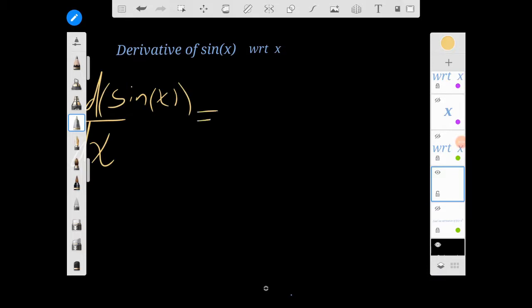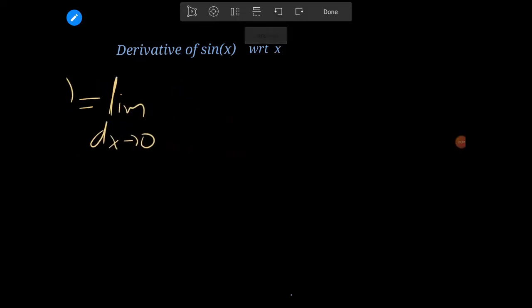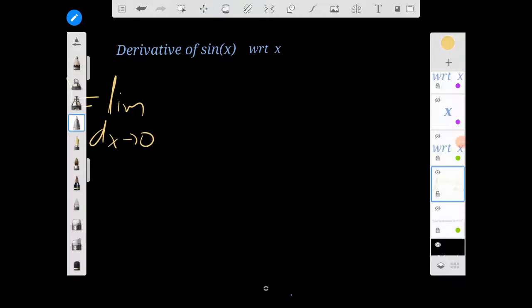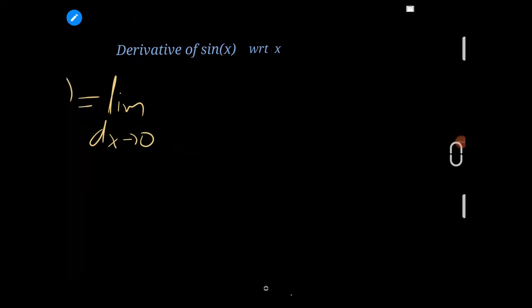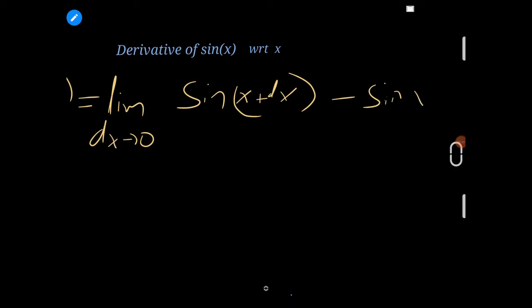So it is equal to the limit as dx tends to 0 of sine of x plus dx, I'm adding a little to the input, minus sine of x itself, so the change in the output divided by the change in input, that is dx.